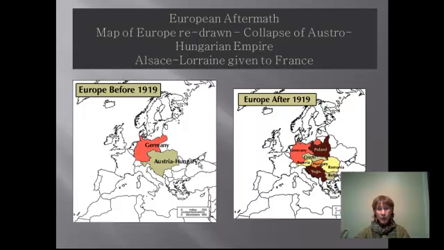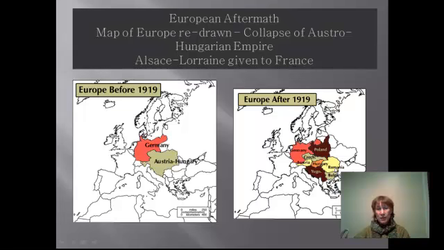New governments were formed, and the sad thing about it was that when they remapped all this area, they did not take into consideration the people who lived there. They created artificial boundaries, and those artificial boundaries were partly the reason for what happened later, which was another war.